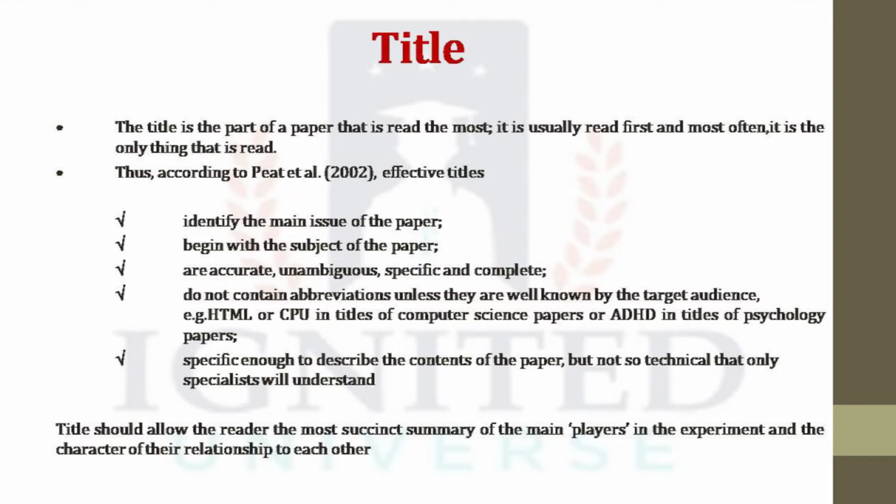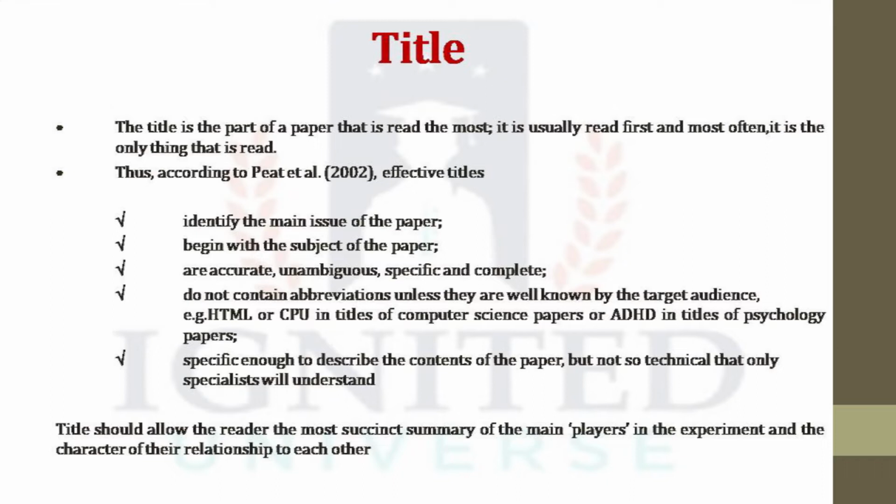Then it should be specific enough to describe the contents of the paper, but should also technically be correct, maintaining the ethics of research papers. That is, it should not conflict with the titles of other research papers.